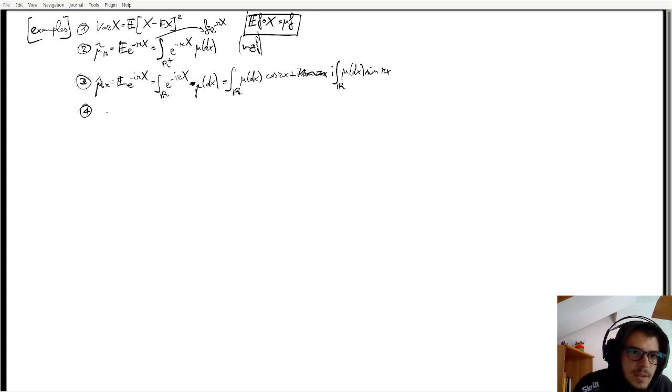Let's go with the MGF for discrete random variables. This is a little z to the x.